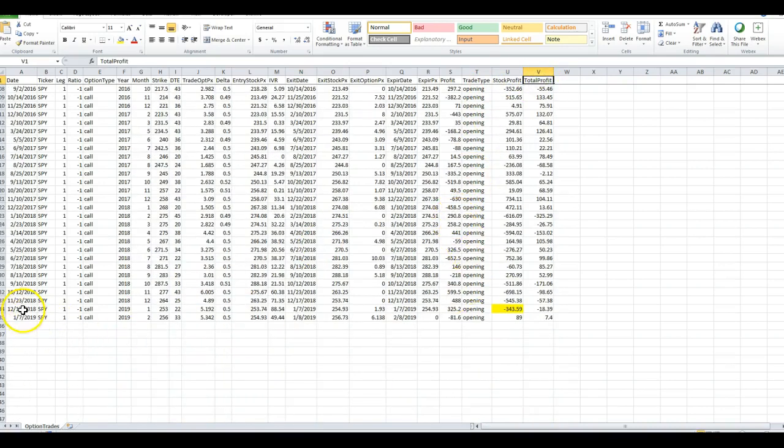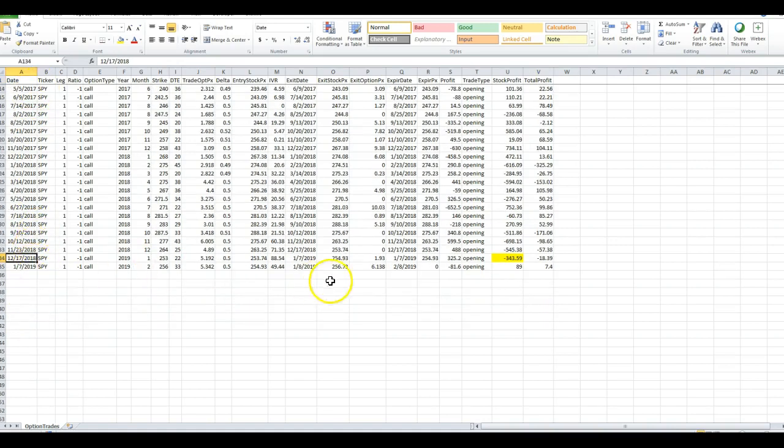I want to look at the trade where we entered on the 17th of December and exited on the 7th of January, and break down how we figured a $343 loss on the stock. You made money on the call going down.